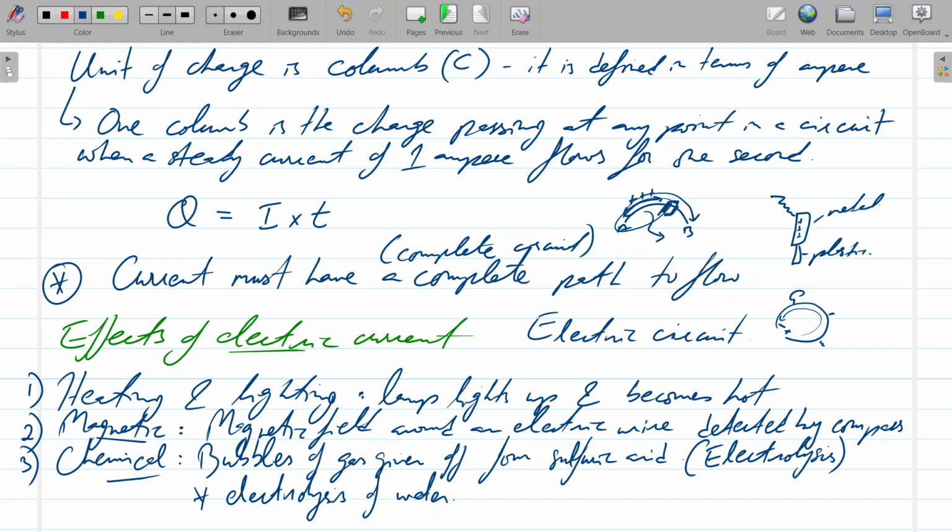When electricity passes through, you end up getting both hydrogen gas and oxygen gas. So the chemical effect of electric current that they're talking about is the electrolysis of water in the example given. But obviously, electroplating, etc., are also because a current is flowing through the system.